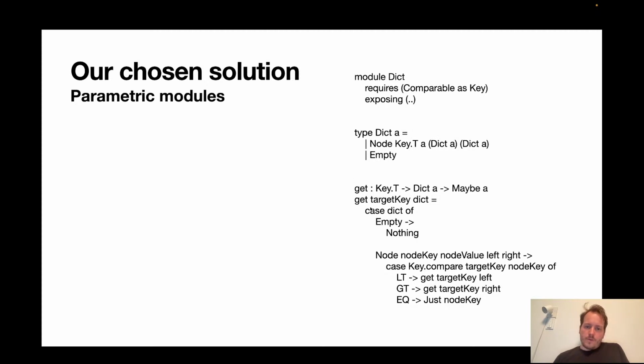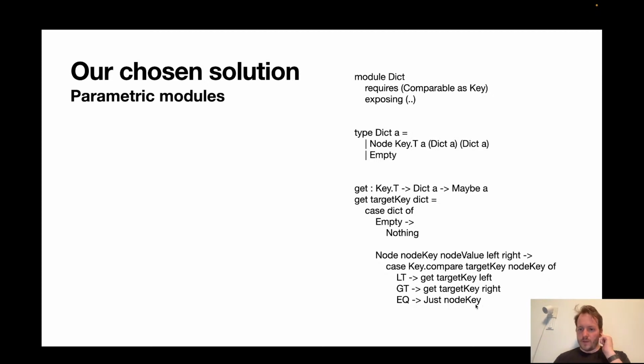And then for the get implementation of actually getting this out, you will take a target key, which for string would be string, and then a dictionary, and then you return maybe some value. And then, if the dictionary is empty, then you return nothing. If it's not empty, then you compare with the string implementation of compare with what is stored in the dictionary, and then you either return the value.